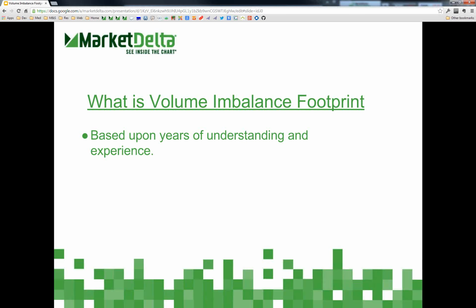So taking our knowledge of how to use it and trading with it and talking with thousands of traders over the years, we've come up with some logic that can be applied to the footprint. We've written it right into it so that you can see it and react to that information and apply it how you trade.